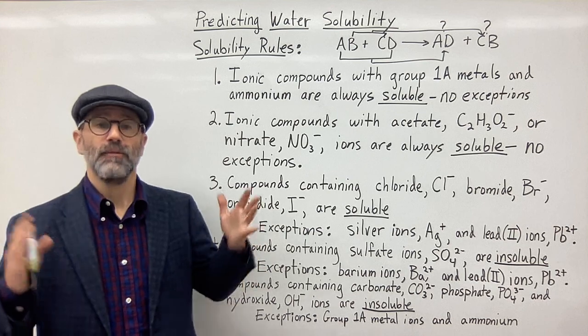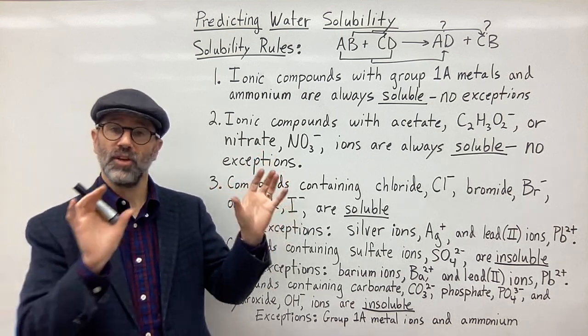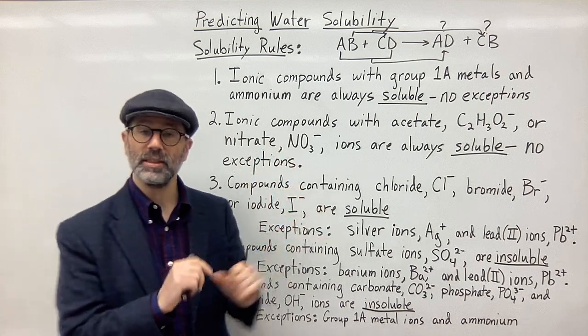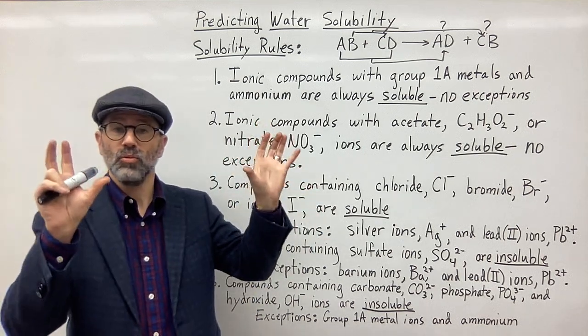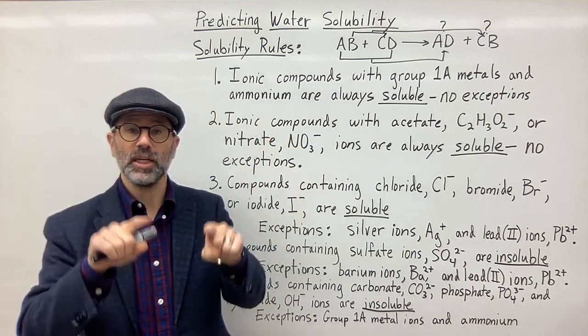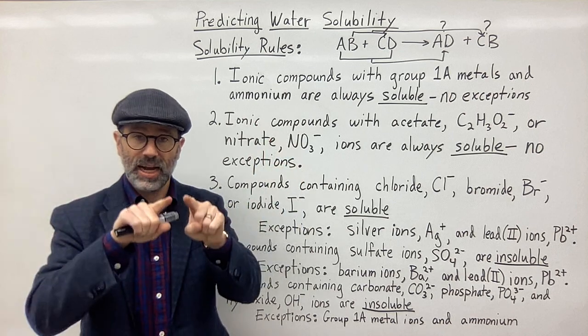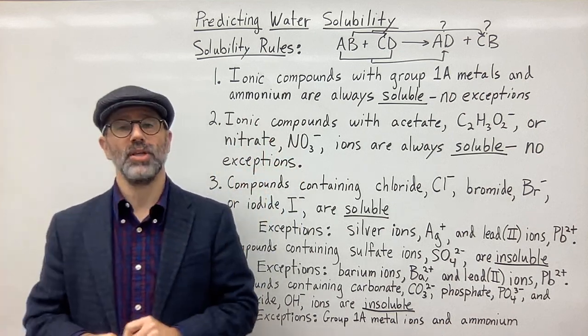So again, the first thing you need to do, if you're given 2 ionic substances or an acid and base, is figure out what the products are by doing your double displacement, right? The outside ions go together, the inside ions go together, and you figure out what the formulas are.